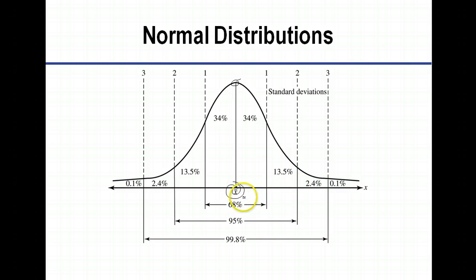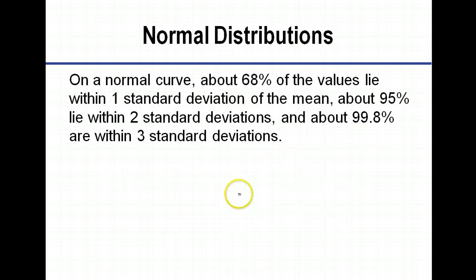So if our mean was 75 and our standard deviation was 5, then going 2 standard deviations, we have 34 plus 13.5% of our scores between 75 and 85, because 2 standard deviations would be 10. This is just a way for us to talk about how the data is being distributed in a very specific way.